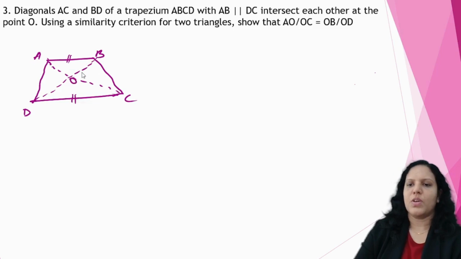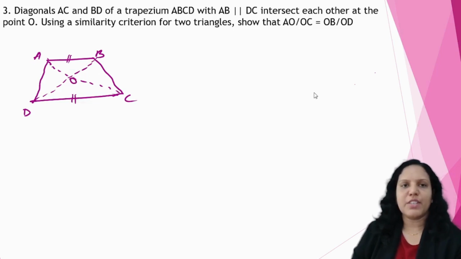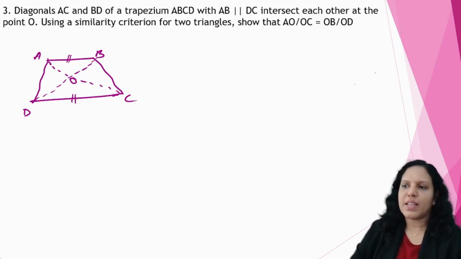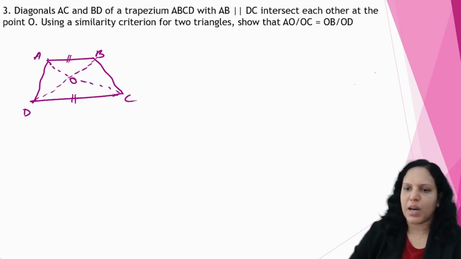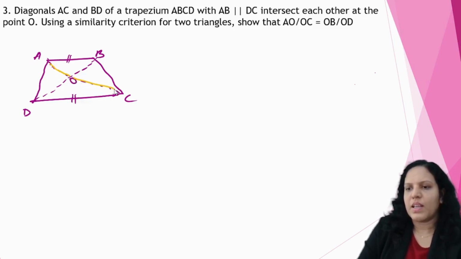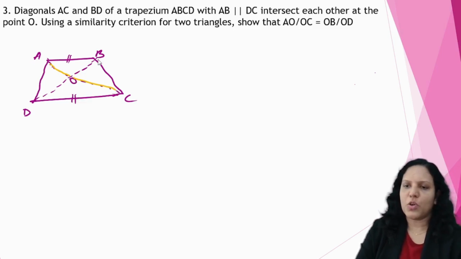So this is O. Using a similarity criterion for two triangles, show that AO by OC is equal to OB by OD. Let's mark that. We need to prove AO upon OC is equal to OB by OD.